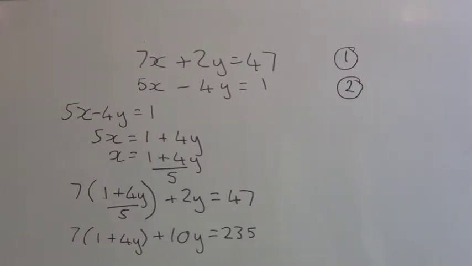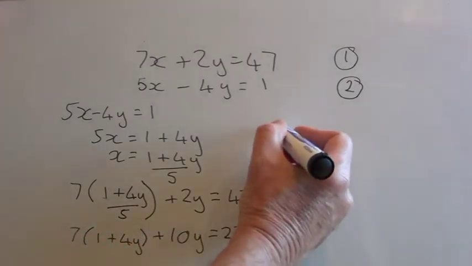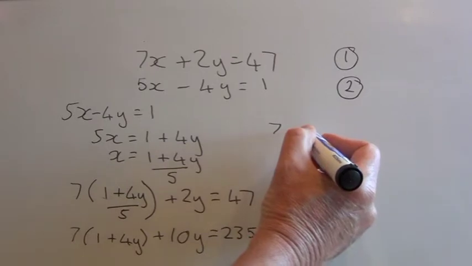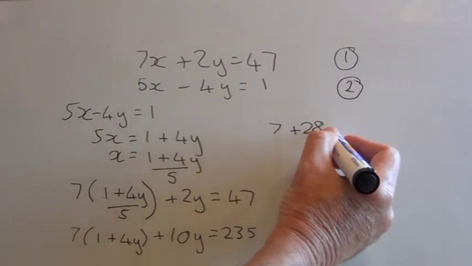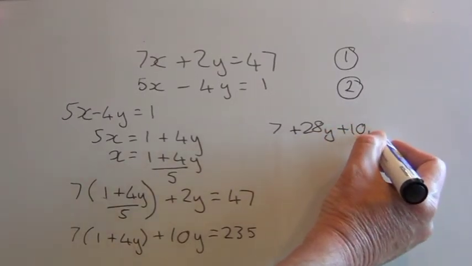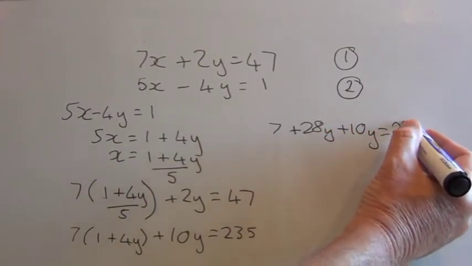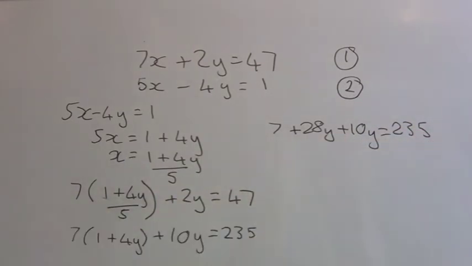We now need to multiply out the brackets, these. So we end up with 7 plus 28y plus 10y equals 235. We now gather the y's and subtract 7 from each side.